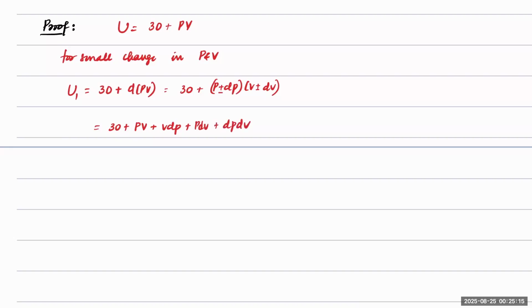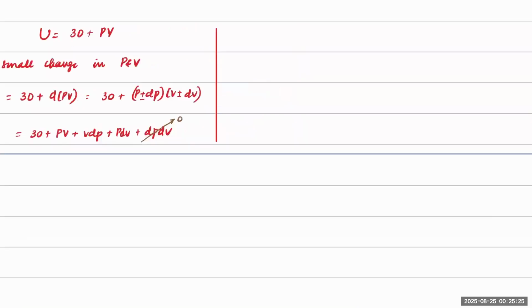And dP into dV is an extremely small value multiplied by an extremely small value, so obviously it does not make any contribution to the overall U. So I can write U1 is equal to 30 plus PV plus VdP plus PdV.